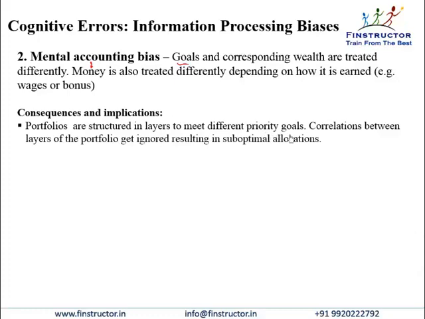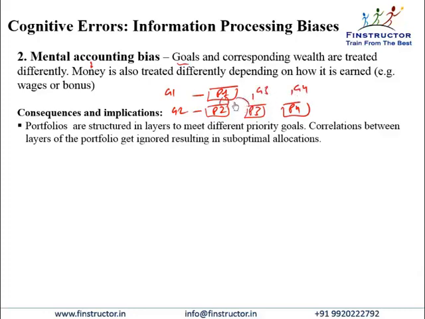The problem with this analysis is that the investor gives up the benefit of diversification and gives up the benefit of low correlations, because if he has 5 important goals, for example, then 5 different portfolios with very low risk securities get created to meet each of those goals. Goal 1, goal 2, goal 3, goal 4.